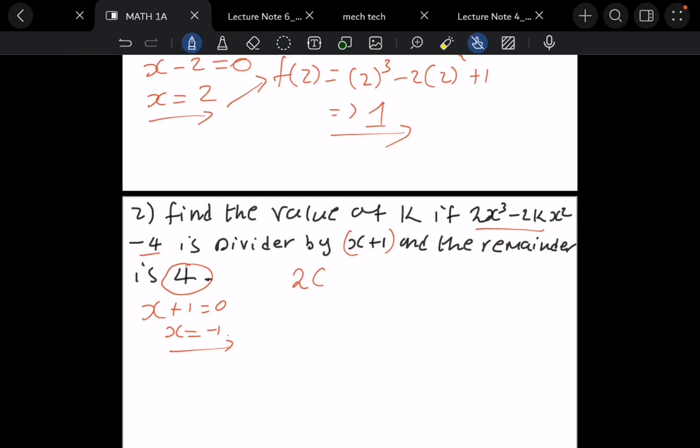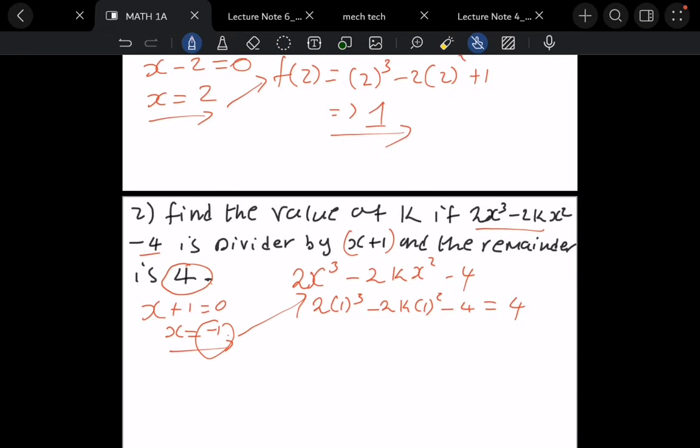So you're going to have 2x cubed minus 2kx squared minus 4. Substituting negative 1 here, the remainder that you're going to have is 4. So I'm going to have 2 times negative 1 cubed minus 2k times negative 1 squared minus 4 is equal to positive 4. And then you need to solve for k.